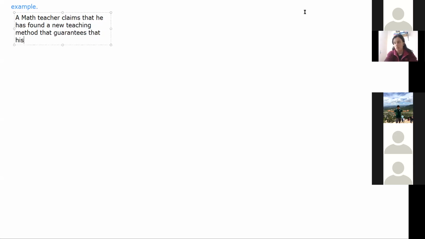So we have an example. In this example, I'm going to have the following scenario: a math teacher claims that he has found a new teaching method that guarantees that his students do better than average in math.